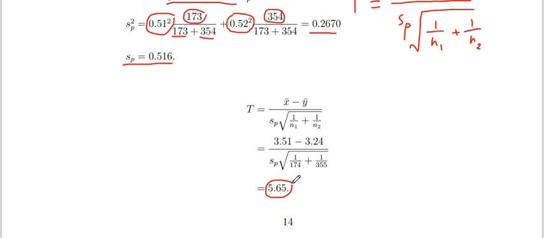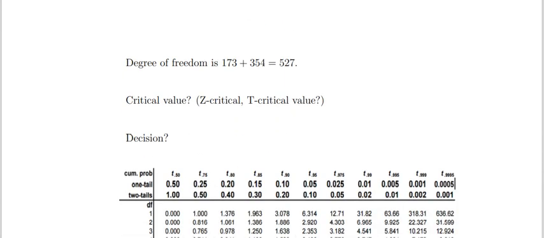After some calculation we find this number is big. No matter whether we check a t table or a z table, this number is big, right? So we can get a conclusion: their difference is big, their difference is significant.